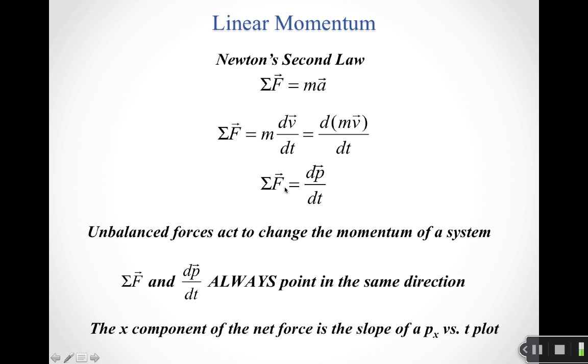Each component equation in this vector equation tells us to look at a particular plot. The slope on that momentum component versus time plot will give you the component of the net force. So if you're interested in the x component of the net force, you look at the x component of momentum versus time, and the slope at any instant in time will give you the x component of the net force.